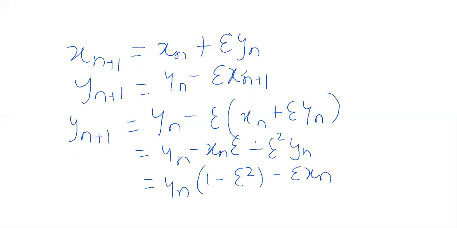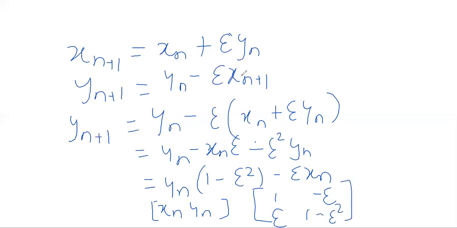Okay, so that's why we can represent it in a matrix like this: xn, yn. Another matrix is 1 minus epsilon, and epsilon 1 minus epsilon square, like this. Okay, so you are getting the same values.